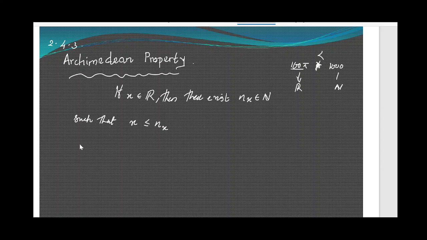So this is the statement. If a real number is given, we can find a natural number such that the real number is less than that natural number. So how to prove this result?